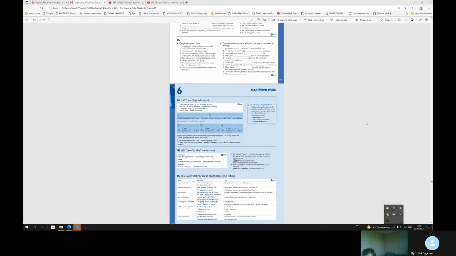Do you understand why we would use too far? Okay. Number 3. There are too many cars on the road today. Too many. Cars is countable.